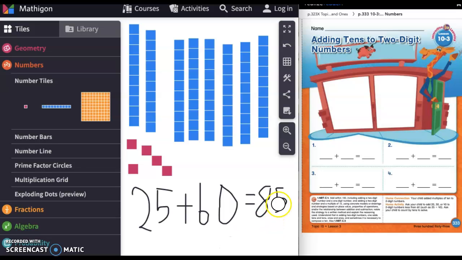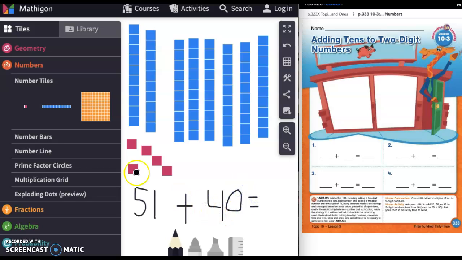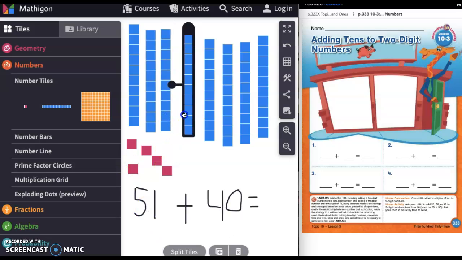Last one, let's go ahead and do number 4 here. So for number 4, I want you to record the numbers 51 and 40. So 51 plus 40. So when I do that, 51 plus 40. Let me move these around.